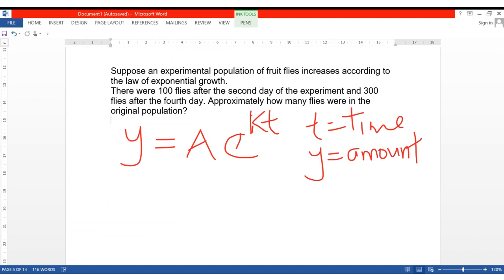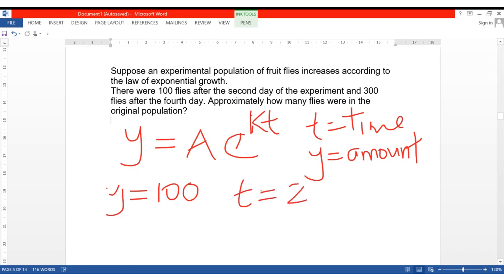There are 100 flies after the second day. The time we are dealing with is in days. Remember, our time is not in seconds or anything, it is in days. Whatever value we get will always be in days. So the first condition: y equals 100 after the second day, so t will be given by 2.